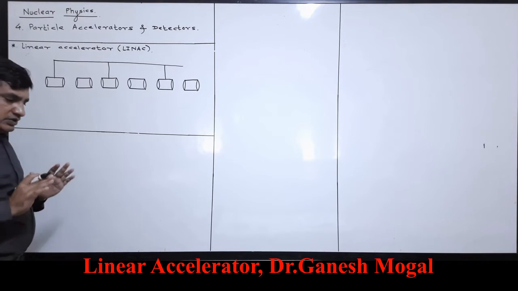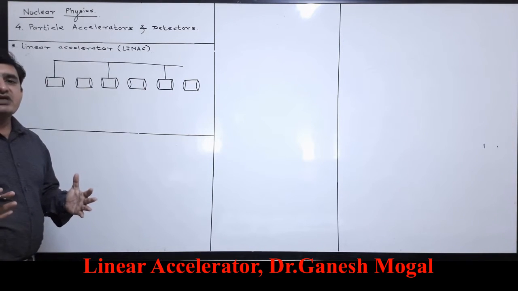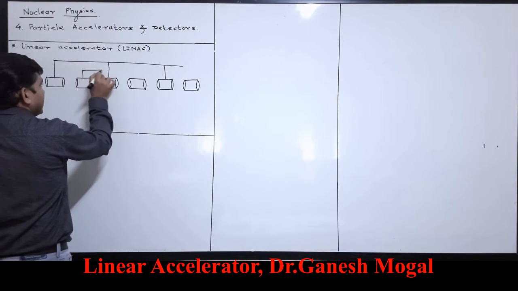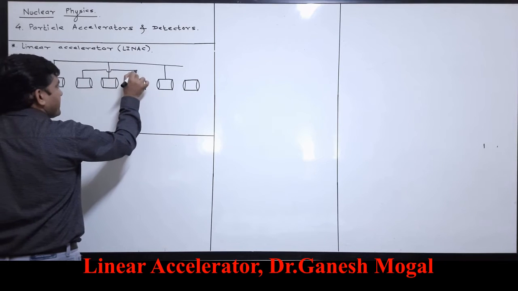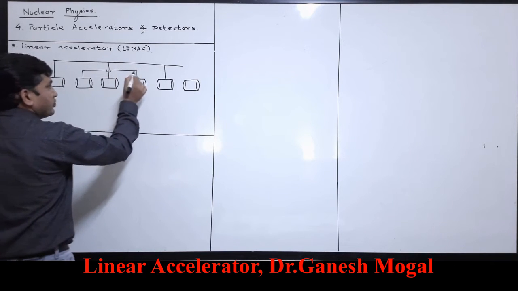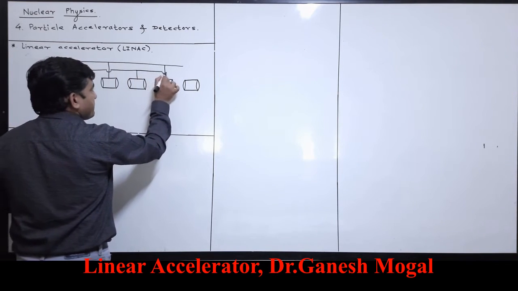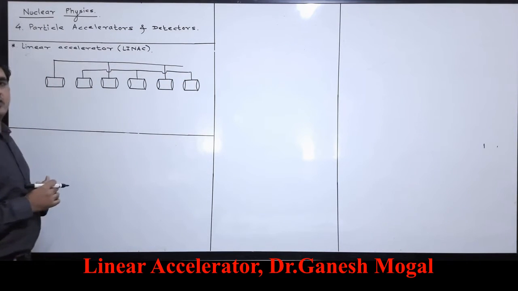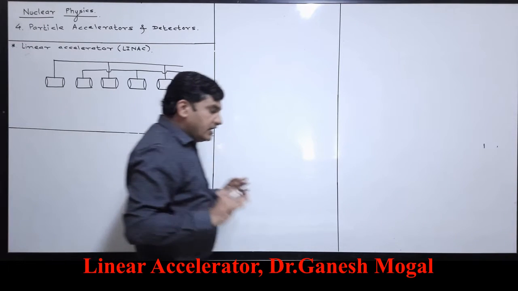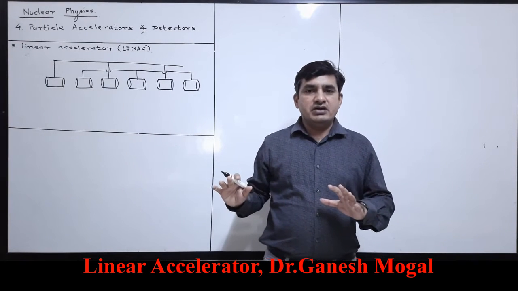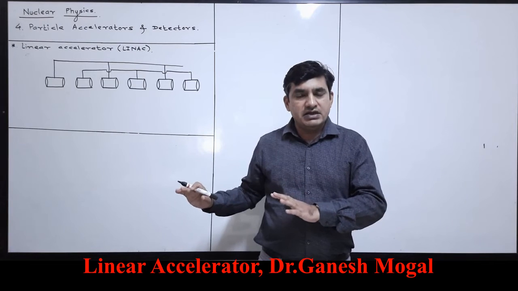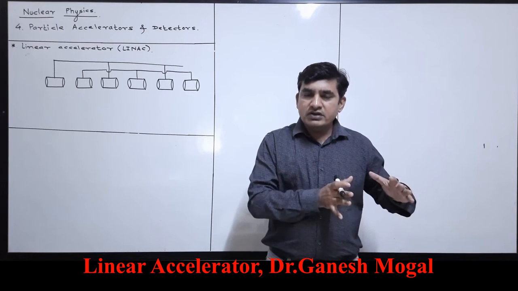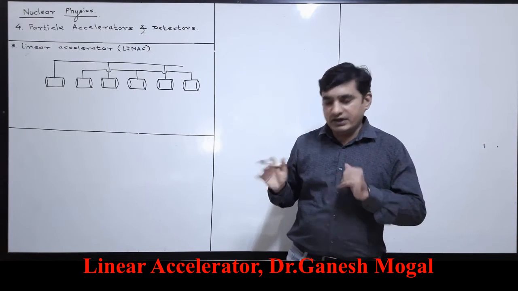Now the even number of electrodes are combined together. So this is the second electrode, this is the fourth electrode and the sixth electrode.